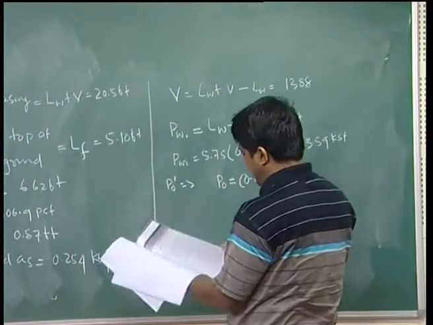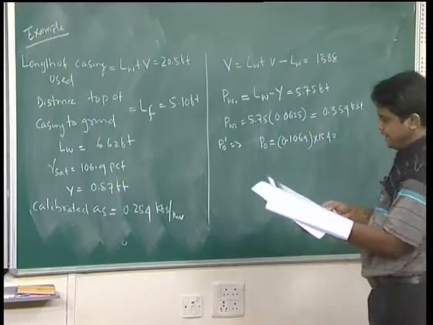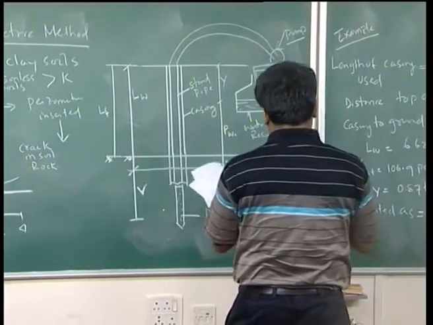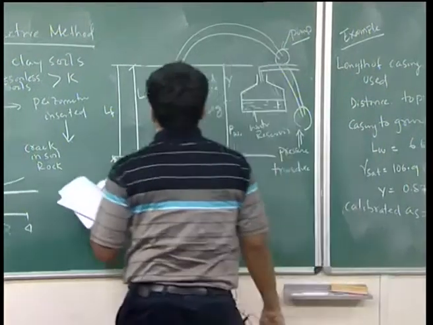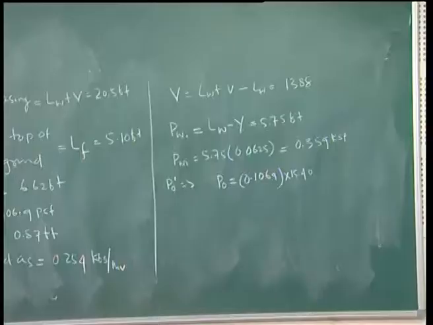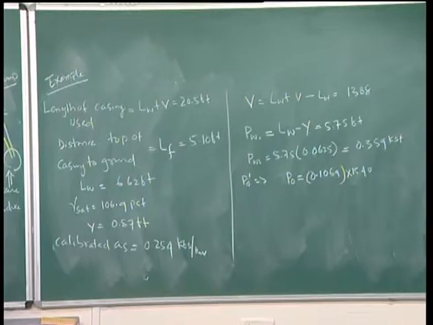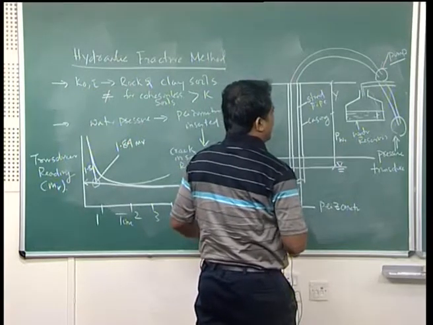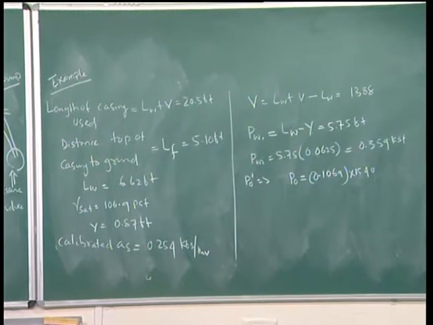Where will this 15.40 come into picture? This is the total height, 15.40. If you take LW, what is the value of LW? LW is given 6.62 feet, LW plus B is your 20.5 feet, and minus LF, what is your LF? Minus LF, 20.5 minus 5.1, so it will be 15.4.